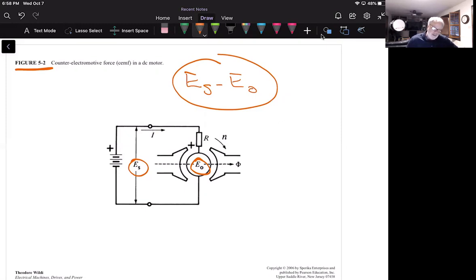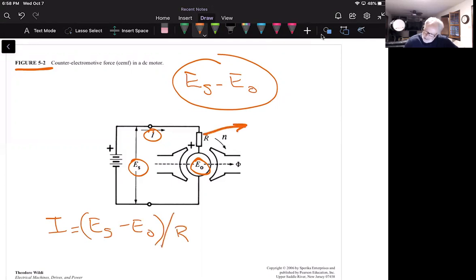So what we can do is determine this current in this circuit by saying that the current is equal to E sub S minus E sub O, source voltage minus armature voltage, divided by the resistance in the circuit.